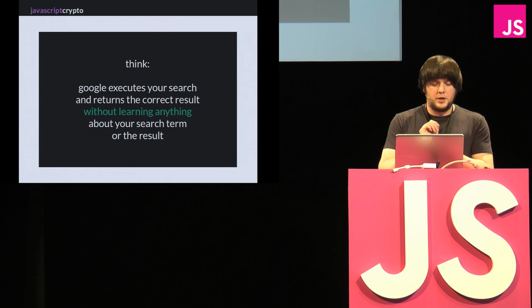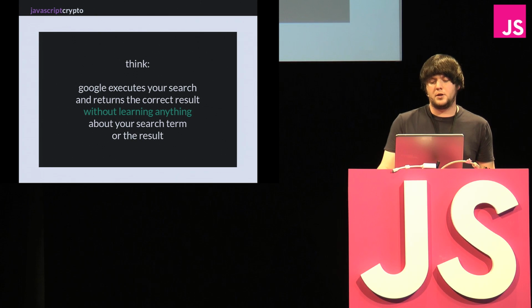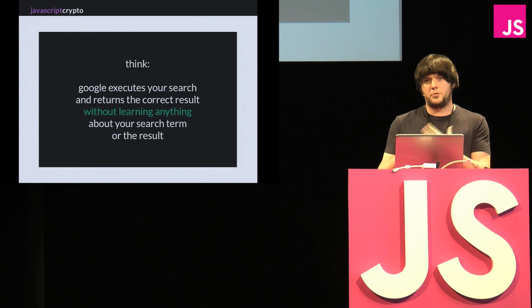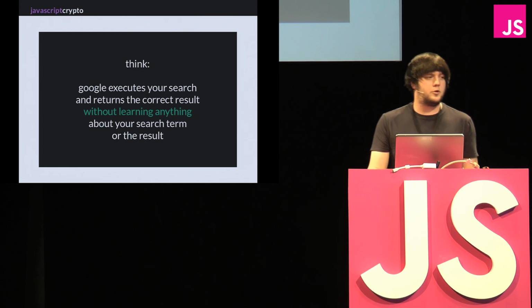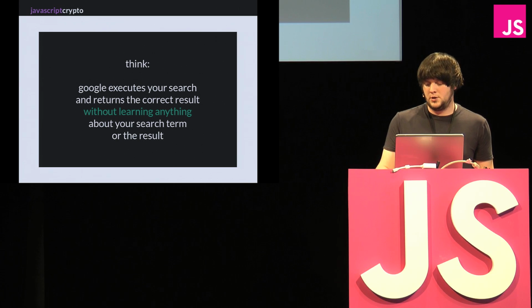So a good example would be Google search. If we had something like fully homomorphic encryption, then we could actually put in our search terms, Google would get this encrypted, would perform the algorithm, would produce a result which is still encrypted, and only you can decrypt the result and it makes sense, and Google won't learn anything about your search.